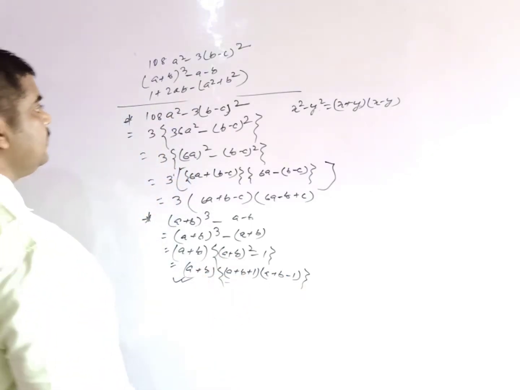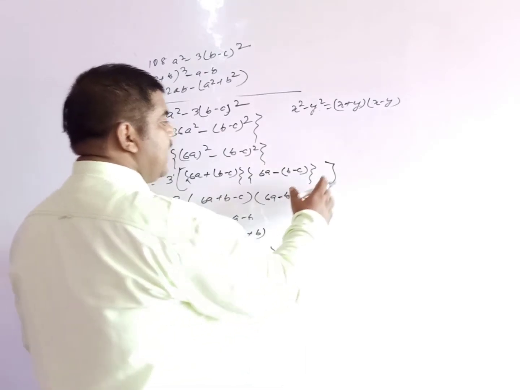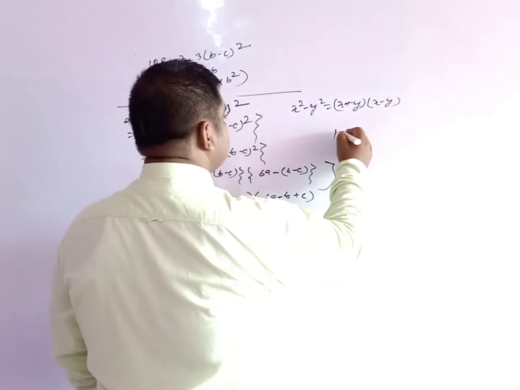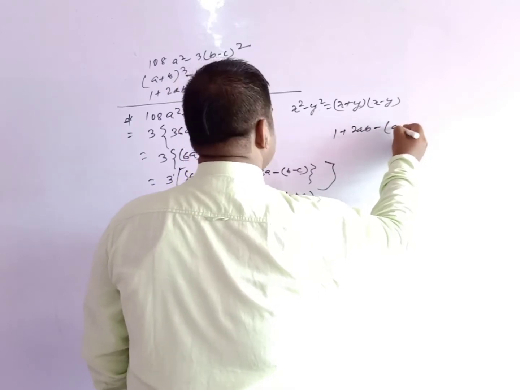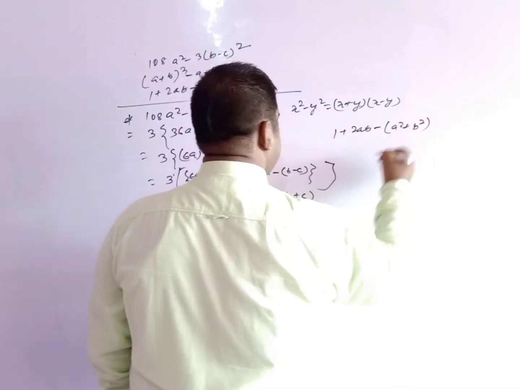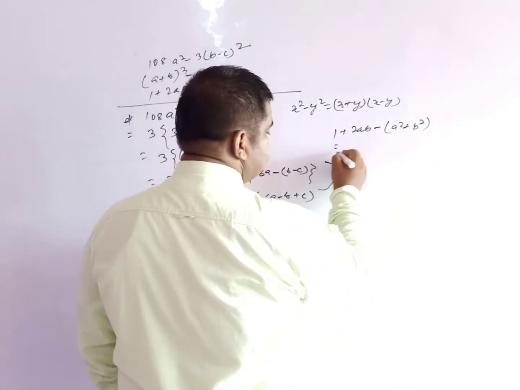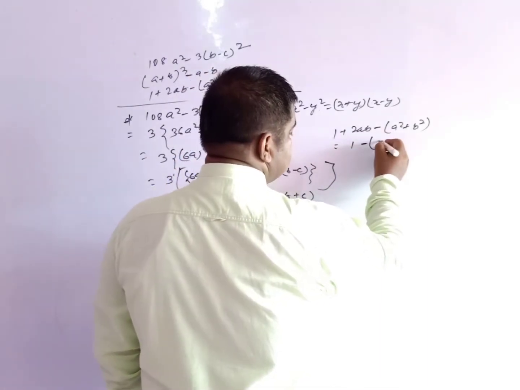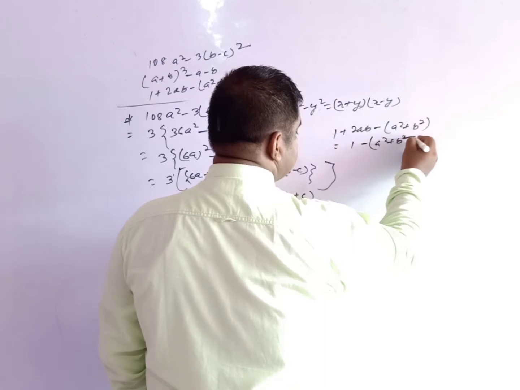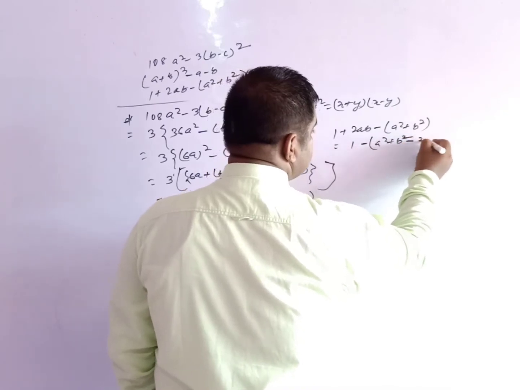Regarding the third question, you can just see that it is also a similar type of question. 1 plus 2ab minus a square plus b square, and you can just write down 1 minus a square plus b square minus 2ab.